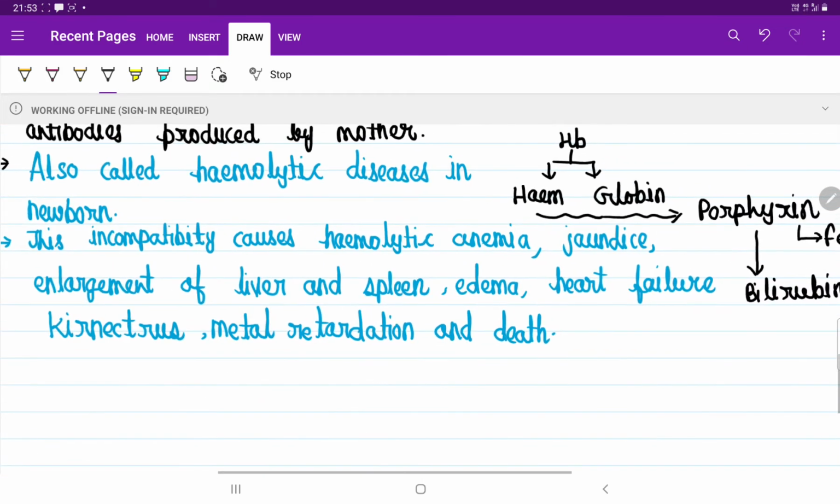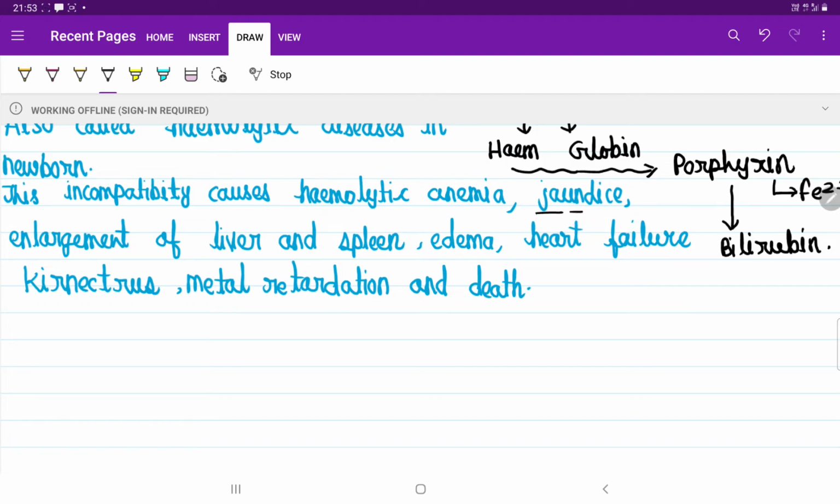A lot of bilirubin pigment will be produced in the body of the fetus, and that causes jaundice. It causes enlargement of liver and spleen, hepatomegaly, splenomegaly, edema, even heart failure.